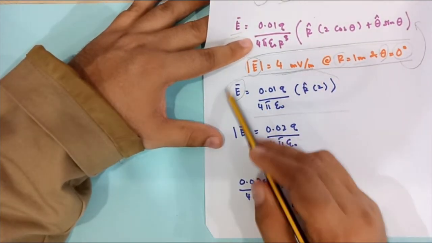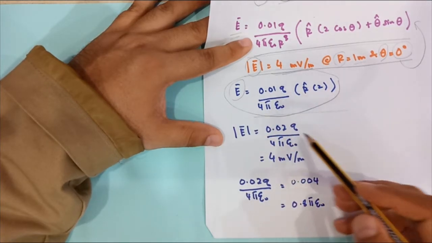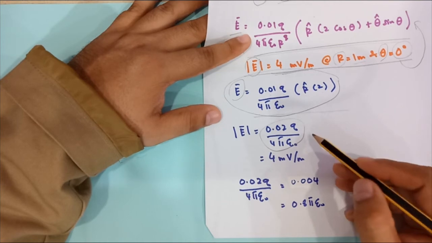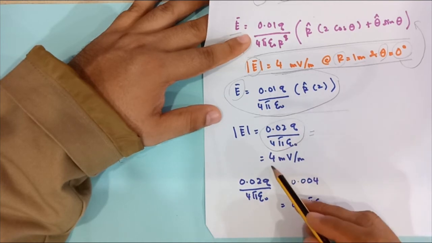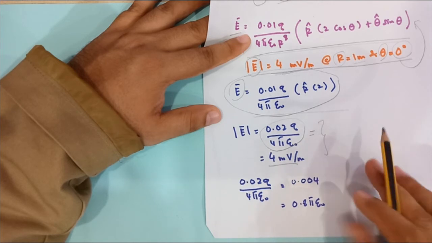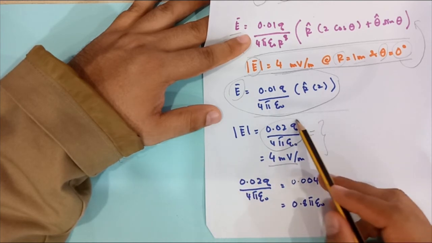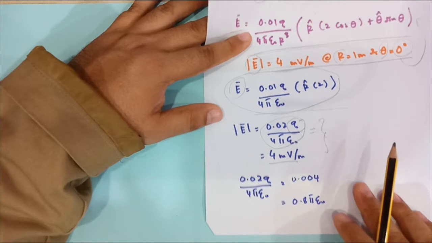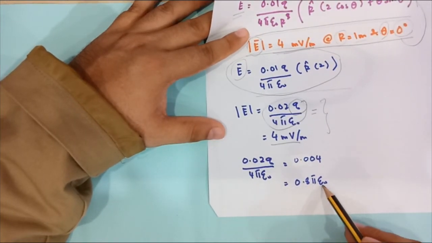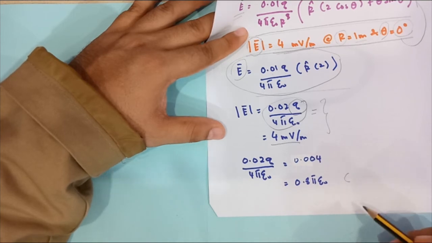The amplitude of this vector is equal to this expression, and at the same time the result is equal to 4 millivolt. So from this step, we can directly calculate the value of our charge, which is equal to 0.8 pi epsilon naught coulomb.